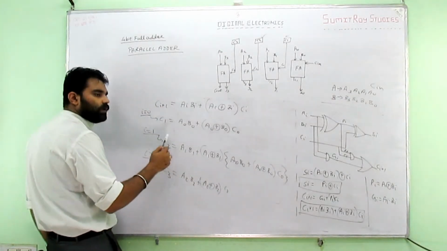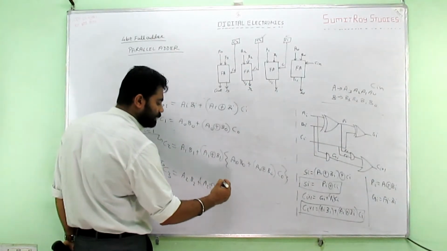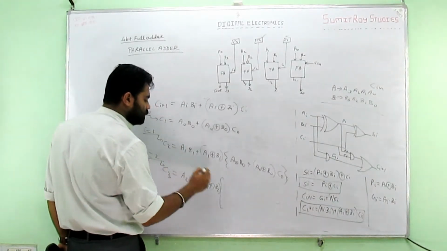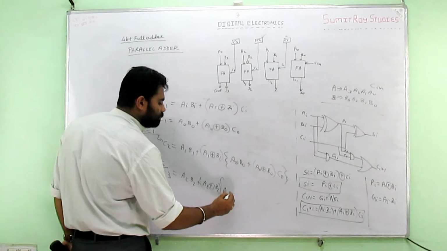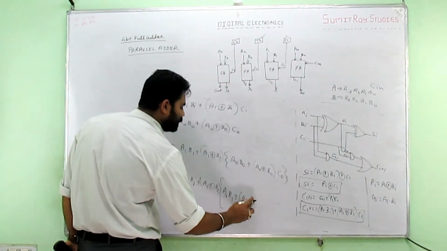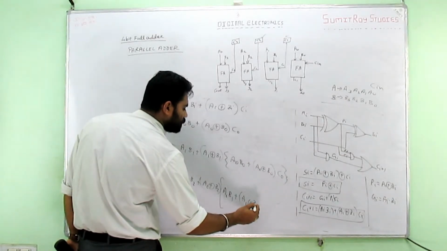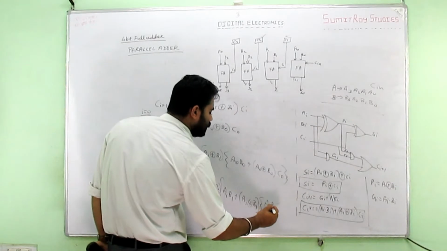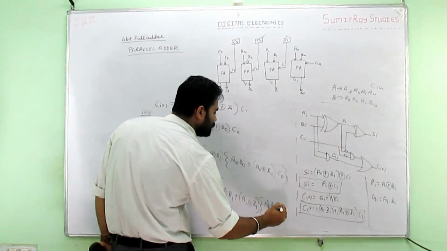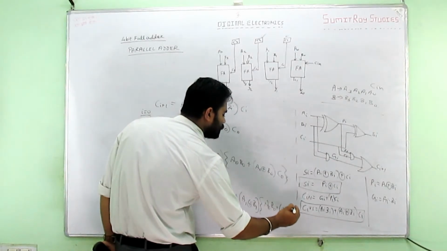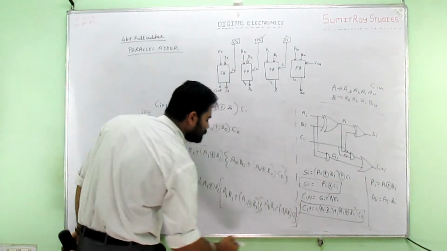Now C2 we have already written, so I'll completely reduce this part, that is, I'll use C2 as A1 B1 plus A1 exclusive OR with B1 and A naught B naught plus A naught exclusive OR with B naught, C naught, and this is it.